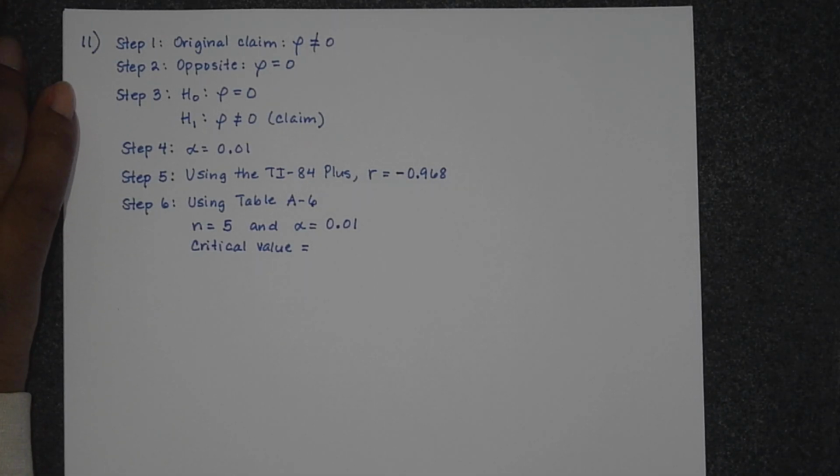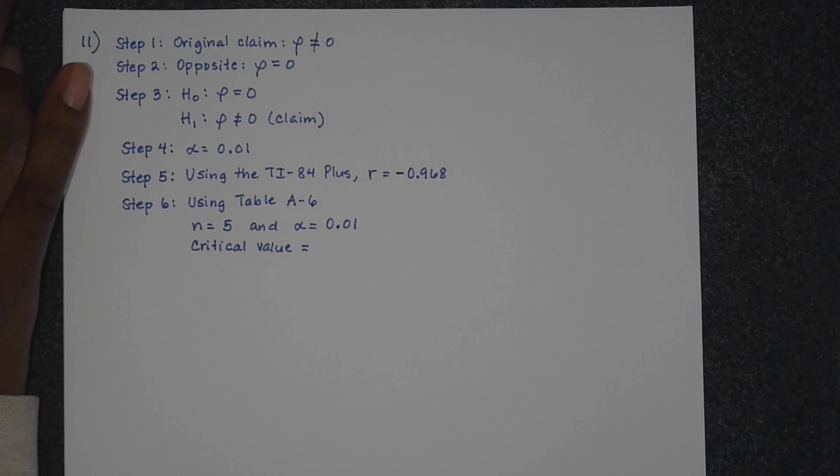Okay. So 5 is and 0.01. No, I'm saying for N is 5 and then the 6. 0.01 and N is going to be 5. Yeah, that's 0.959. Okay.